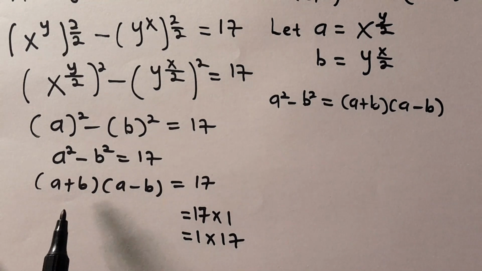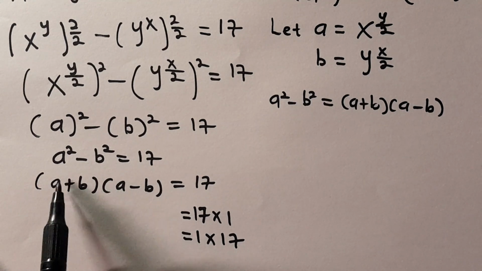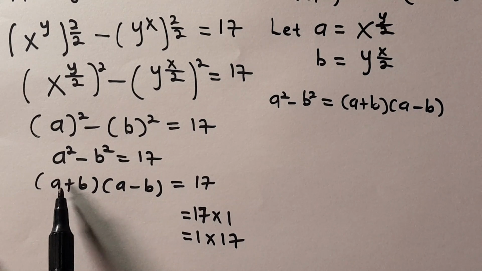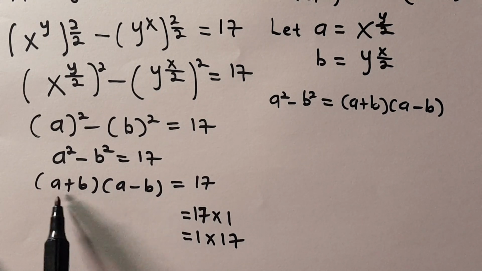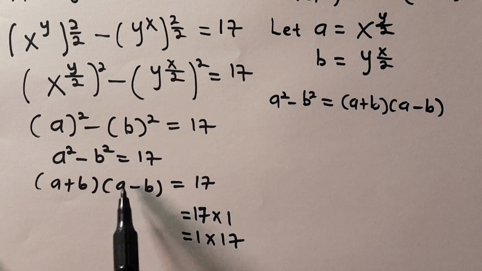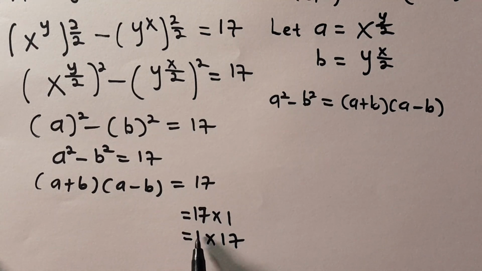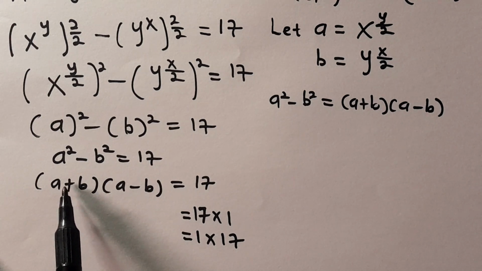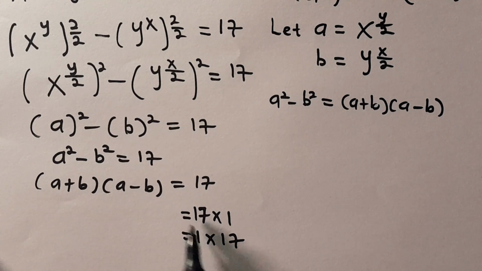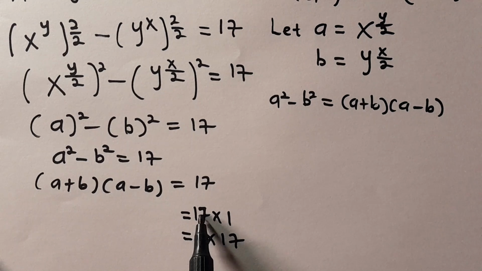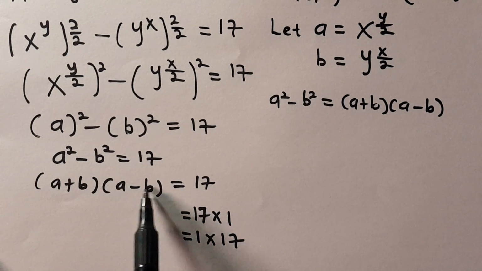So from here, let's take note that when we say this multiplied by this equals 17 multiplied by 1, or is it 1 multiplied by 17, we can say that whatever the value of a and b may be, this a plus b is greater than a minus b. So therefore, 1 multiplied by 17 will show that a plus b equals 1 cannot satisfy this one. So therefore, a plus b can only be equals 17 and a minus b can only be equals 1.